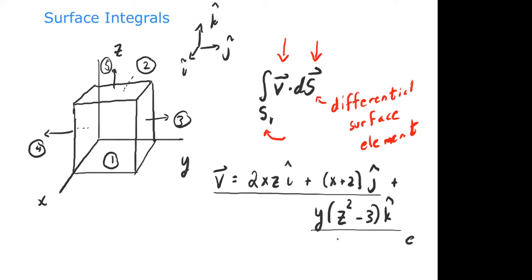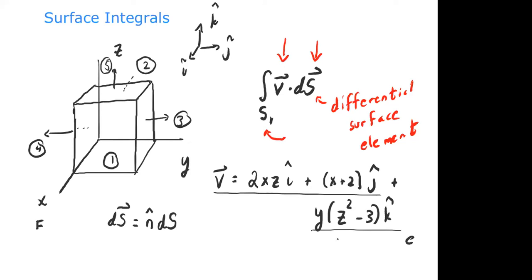Now I have to figure out what is the differential surface element, dS, over S1. I'm only going to get that information by looking at my figure. So 2 things I need to know. I need to know the unit normal vector, and I need to know the magnitude of dS for surface 1.